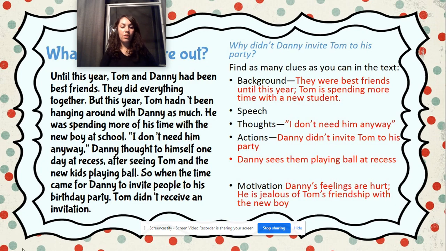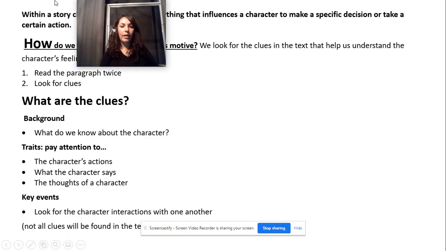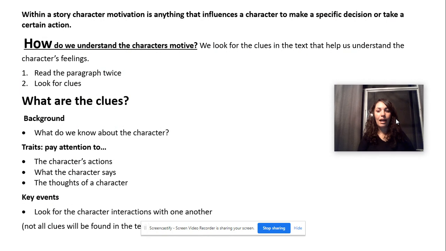So now let's go into our exit ticket and what you need to do to complete your exit ticket correctly. So follow along as I read the slide. Within a story, character motivation is anything that influences a character to make specific decisions or take a certain action. So you're asking yourself, how do we understand the character's motive?